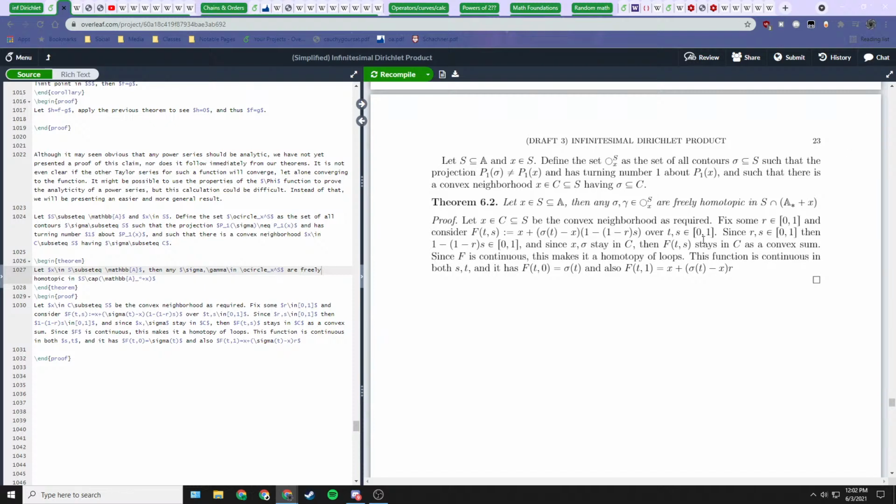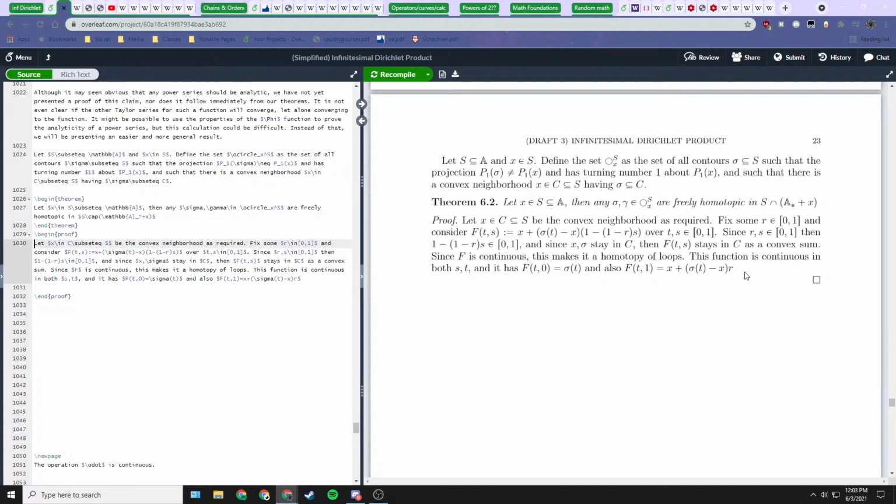So okay, f stays in C as a convex sum. Essentially we're just scaling down. F is starting at sigma, and it's scaling this curve continuously down in the direction of x. It's contracting in the direction of x linearly. This is valid since we're in this convex set C. Also, x sigma stays in C, and then f of t, s stays in C as a convex sum.